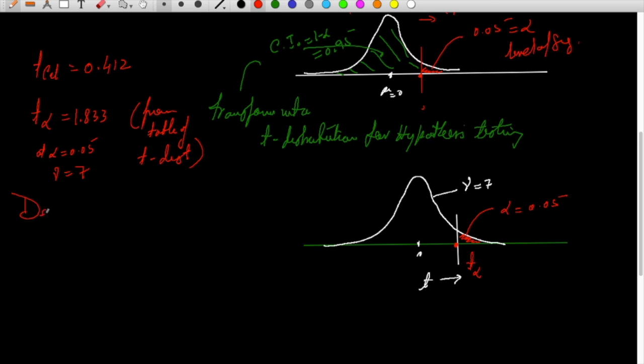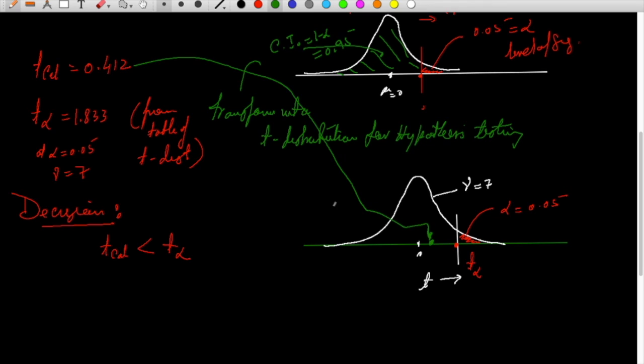Now, what will be the decision criteria? As per the alternate hypothesis, T calculated is far less than T alpha, which means your calculated value goes somewhere over here, which is this acceptance region.